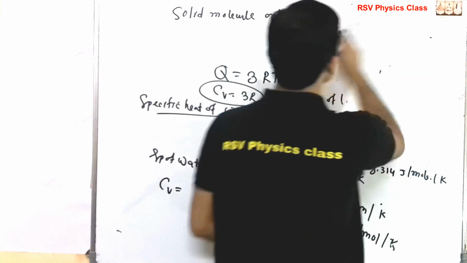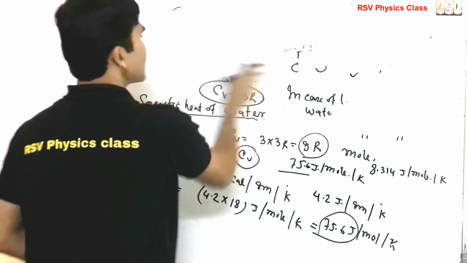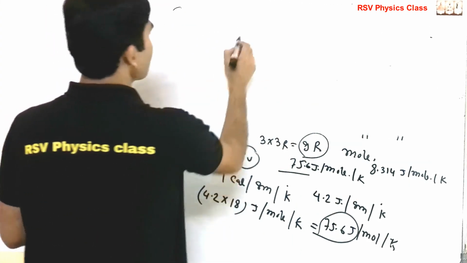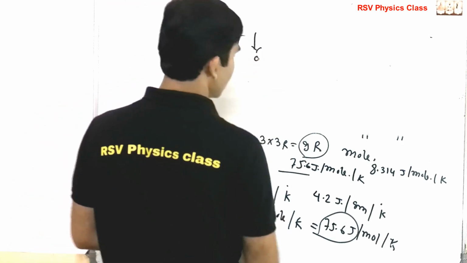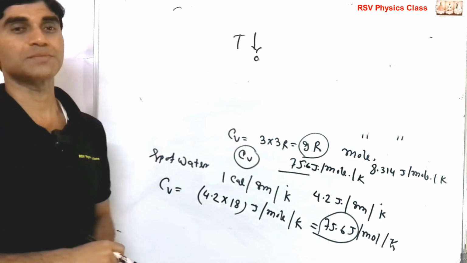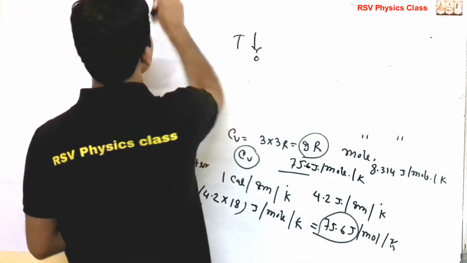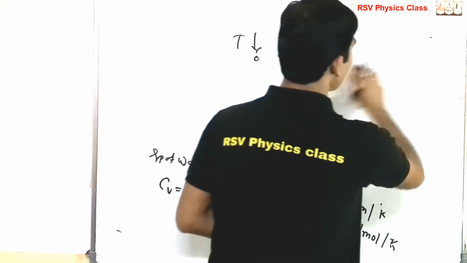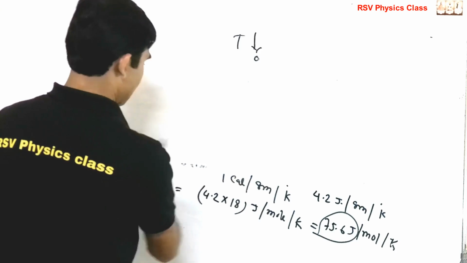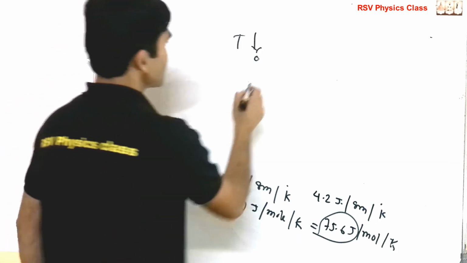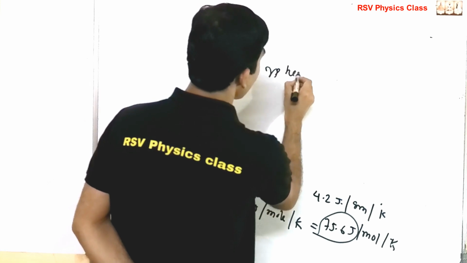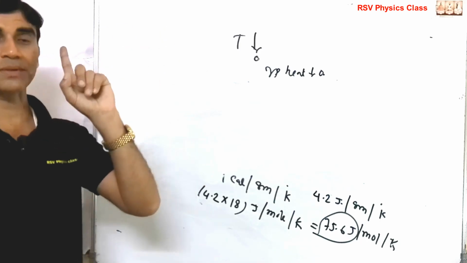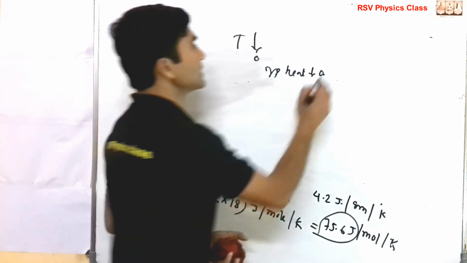So if you go to lesser and lesser temperature, when temperature is going towards absolute zero, when T is 0, then specific heat का क्या होगा आपका, specific heat is going to be 0, है ना. So why is it? Specific heat is actually related with degrees of freedom.